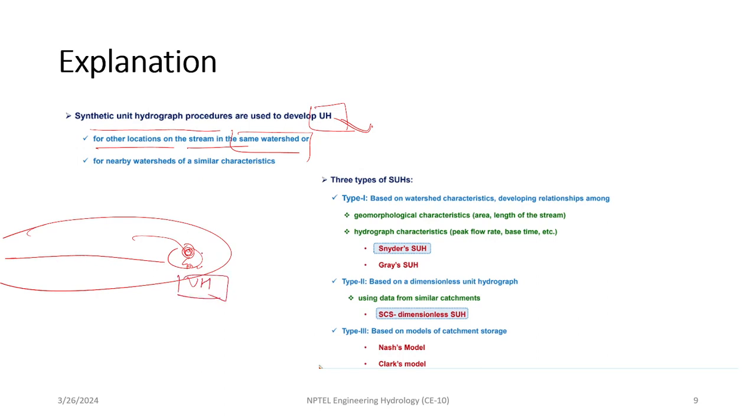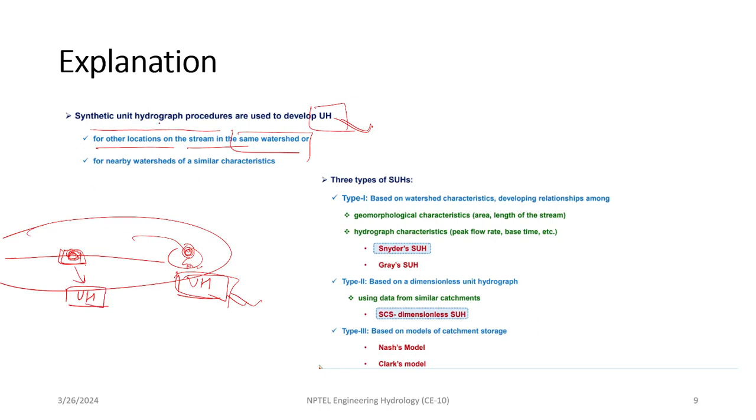Now I want the same prediction, whatever unit hydrograph I have predicted here, but the station is not here. We don't have any kind of station at the outlet, but still we want to know what would be the scenario of the unit hydrograph.